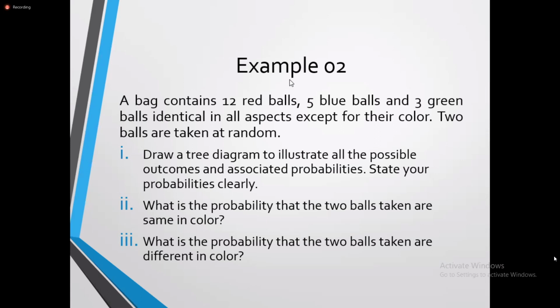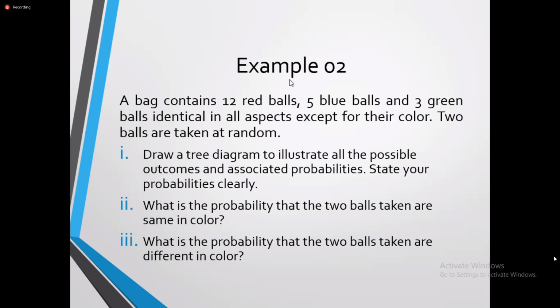Now 2 balls are taken at random. We are taking only 2 balls from that bag at random. That means we are not looking at the bag. Without looking at the bag, we are taking 2 balls out.